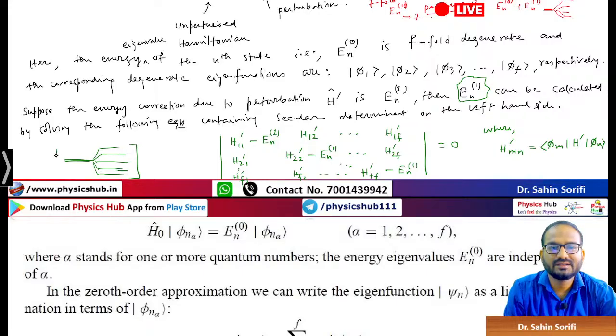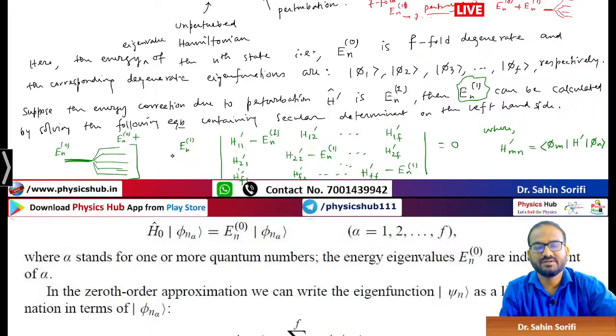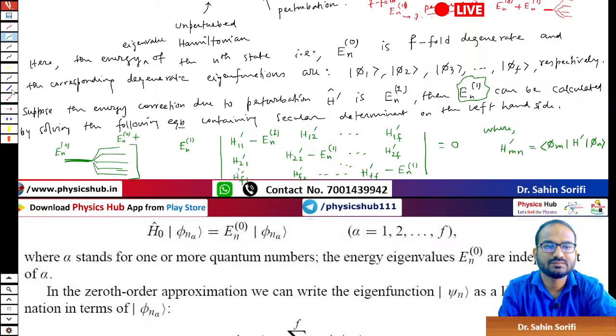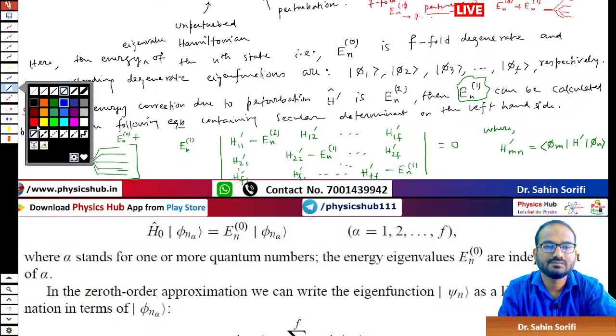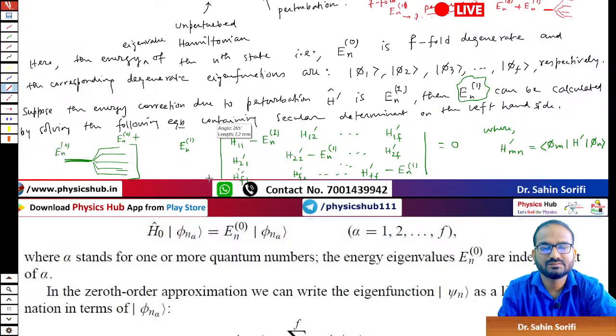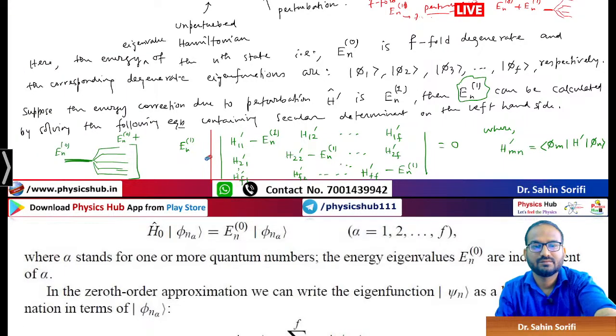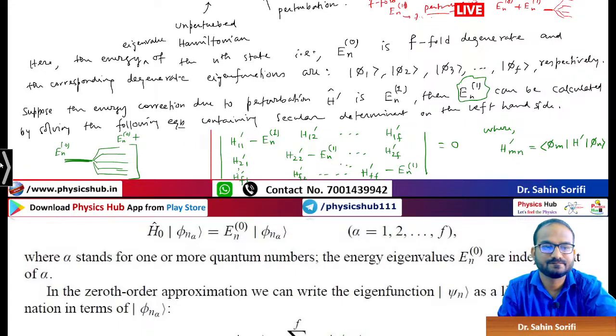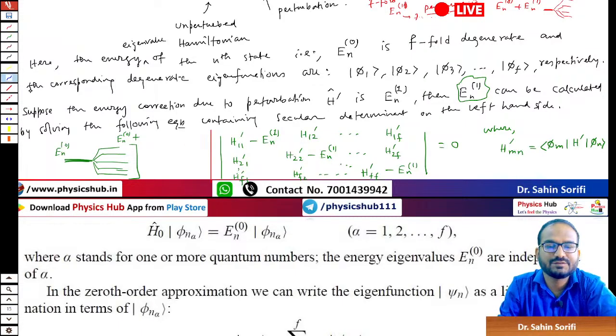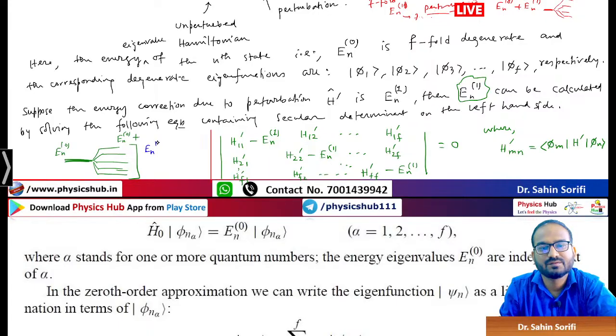So it is like this is En0 and these levels are maybe En0 plus something. Look, let's assume that En1 will have different values.